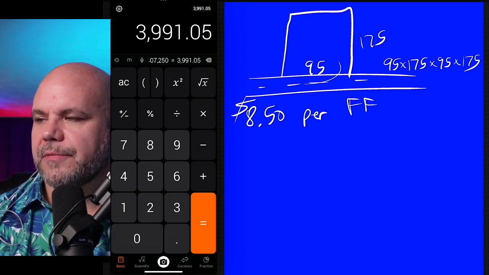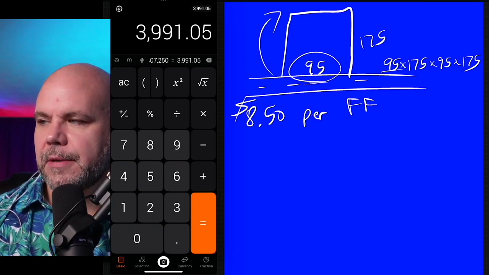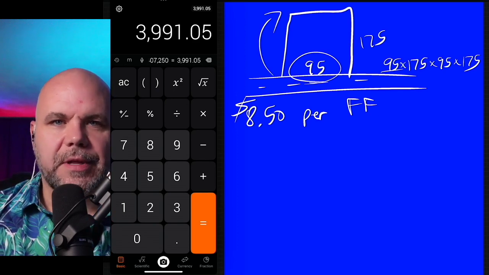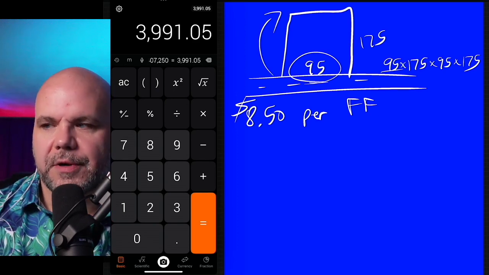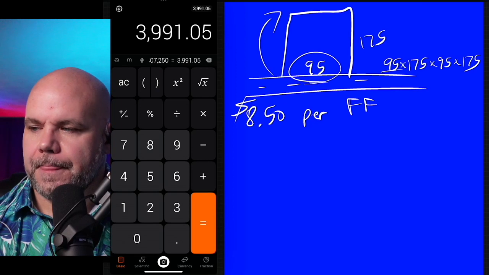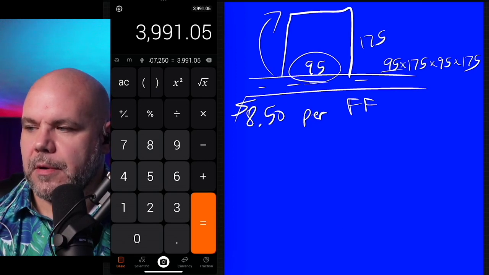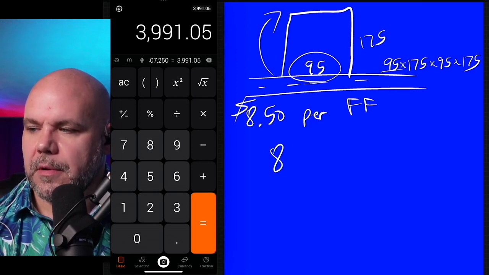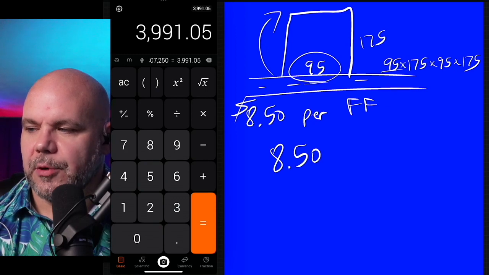They always start with the front footage, the roadside, and then go clockwise. So 95 front feet, and what's the rate? How many dollars per front foot? $8.50 per. And therefore, we don't really need a circle formula for that one.